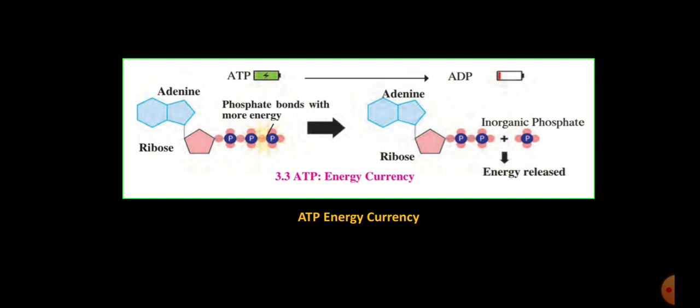ATP has 3 phosphate bonds, and in ADP there are only 2 phosphate bonds. So when these phosphate bonds break, a large amount of energy is produced which can be utilized. That is why ATP is called energy currency, because immediately the energy can be utilized from ATP.